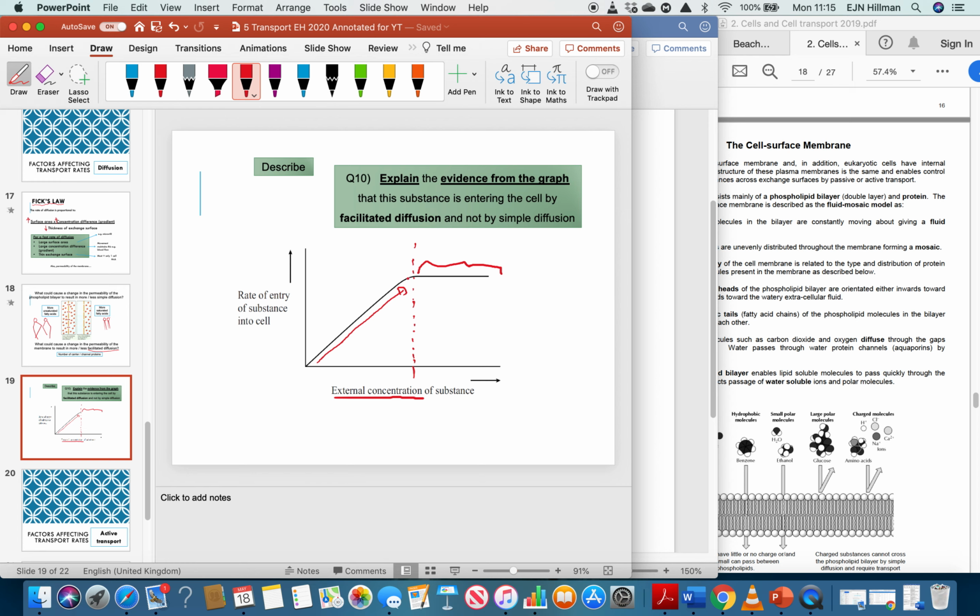We can say at this point that the carrier or the channel proteins are working at the maximum rate, we can say that they are saturated. Okay, and therefore, if you increase the number of carrier or channel proteins, the rate of entry will continue to increase.